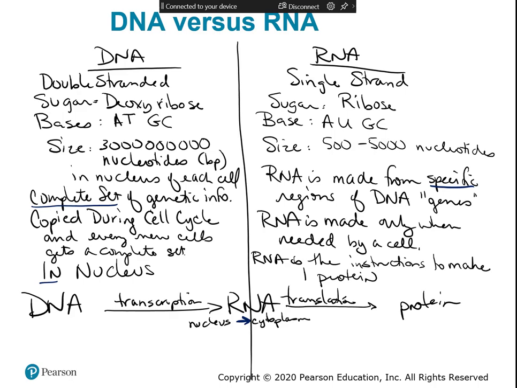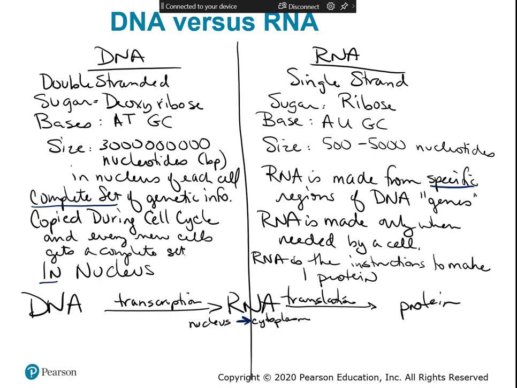DNA is much different than RNA by size as well. So DNA has 3 billion nucleotides, which is almost amazing to think of. So like the base pairs, there's 3 billion of them in a cell. RNA is only made from DNA when it's needed because RNA is used to make a specific protein.